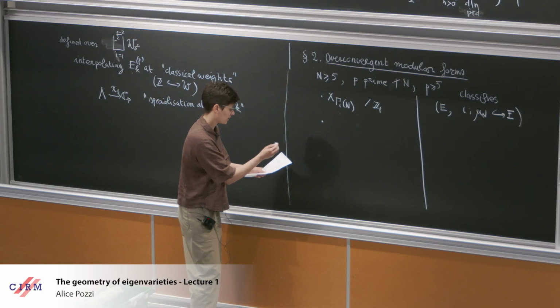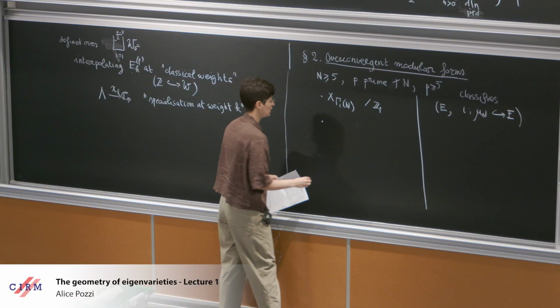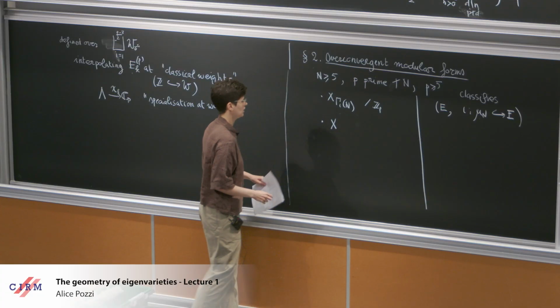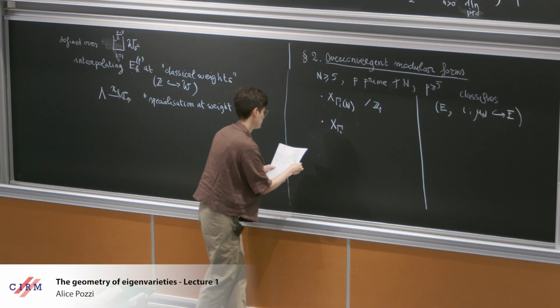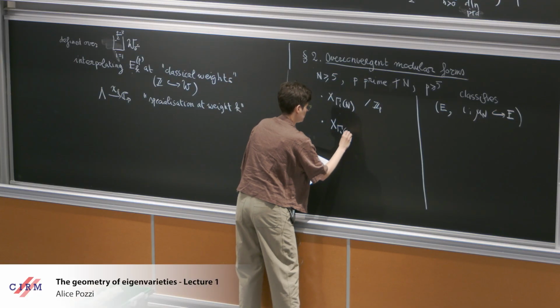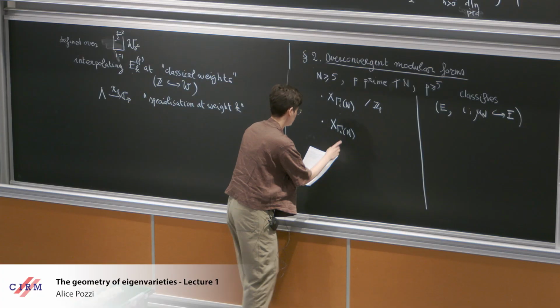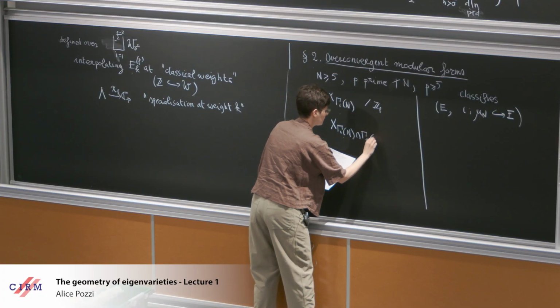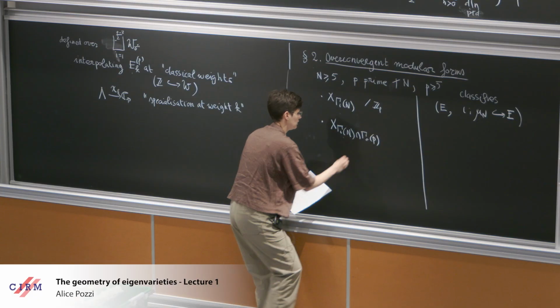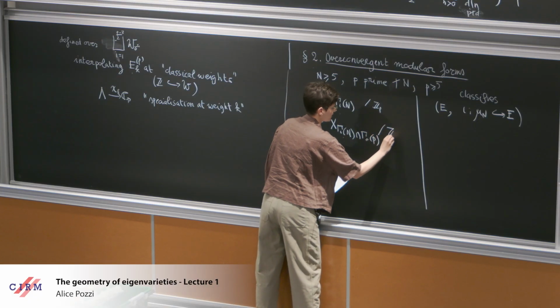And on the other hand, we're also going to consider another moduli space, the modular curve of level Γ1(n) intersect Γ0(p), also over Z_p.